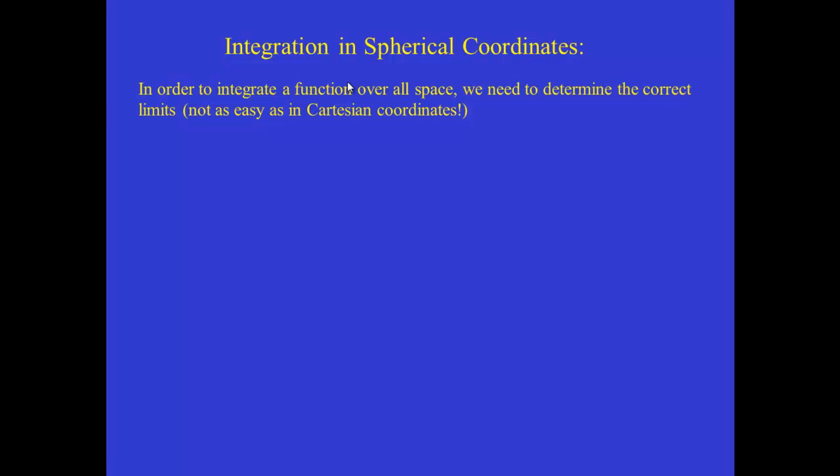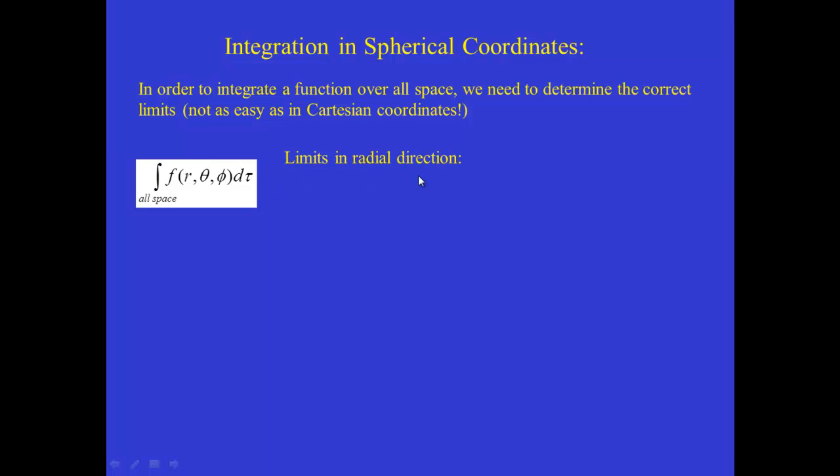In Cartesian coordinates, that's really easy. We integrate from minus infinity to infinity along x, y, and z. But for r, theta, and phi, it's a little bit different. So here's the form of the integration. Of course, since there are three variables, this is really a triple integral, as we will make clear in a moment, but often we just write a single integral and put a notation all space to indicate the domain of the integration.